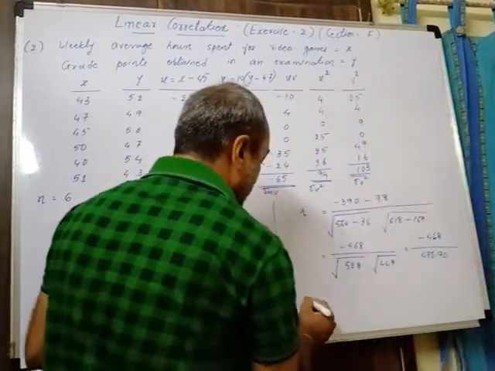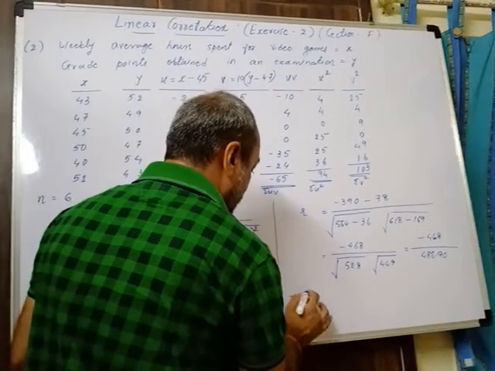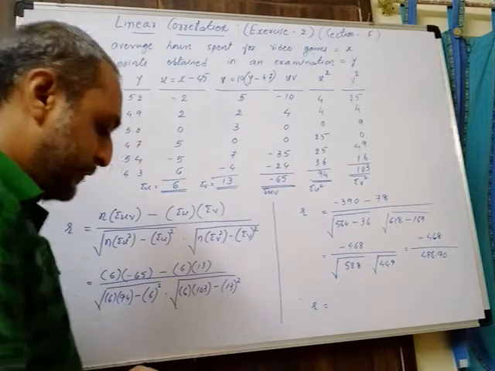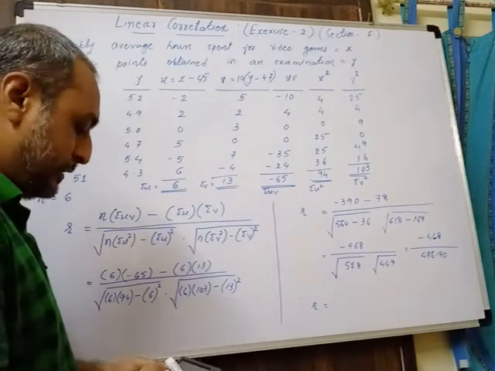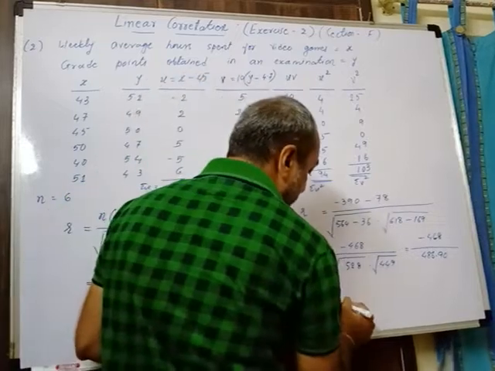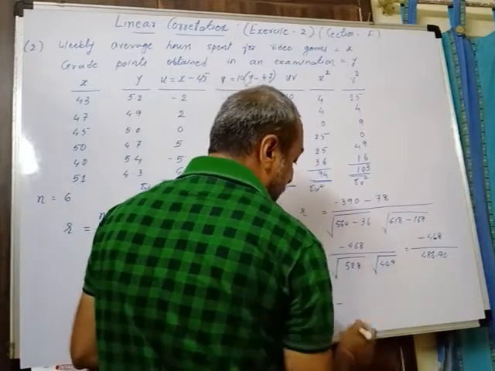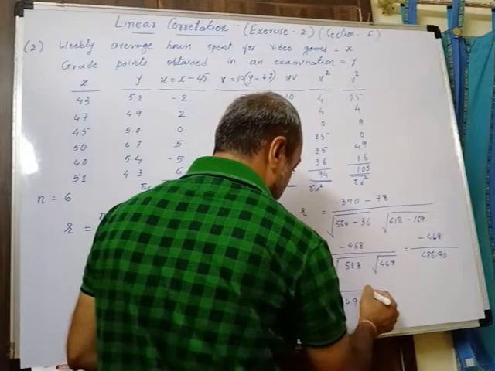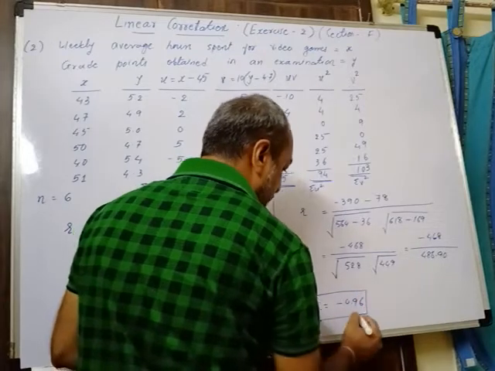486.90. Therefore r is equal to, now the answer, 468 upon 486.90. That comes to minus, because see the numerator is negative, so minus 0.96. This is your answer.